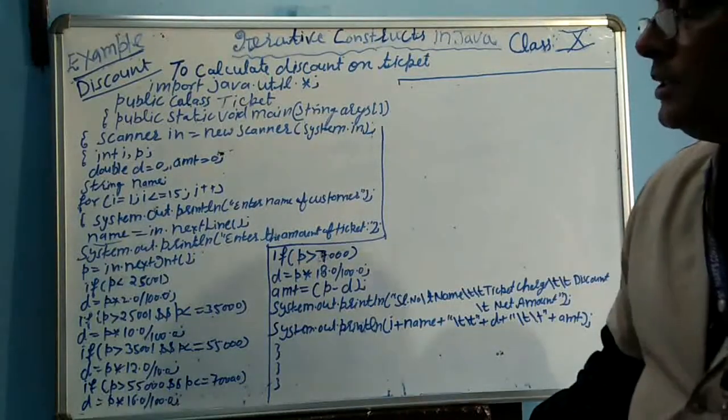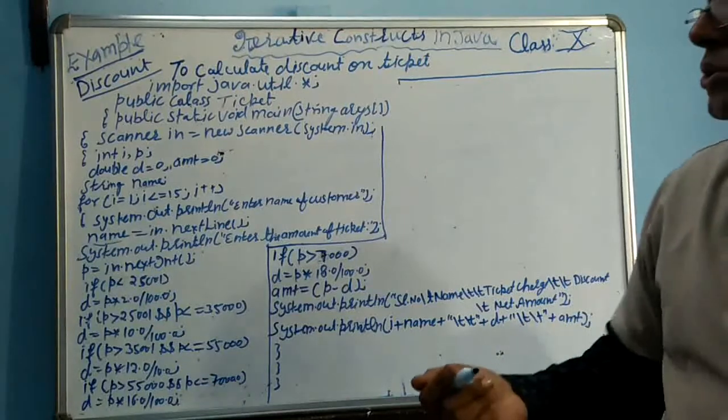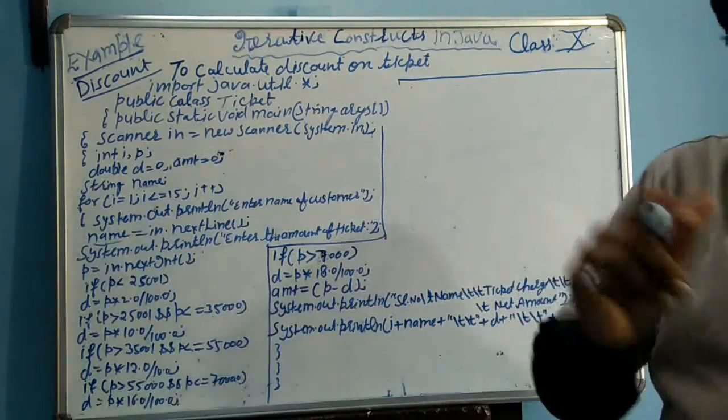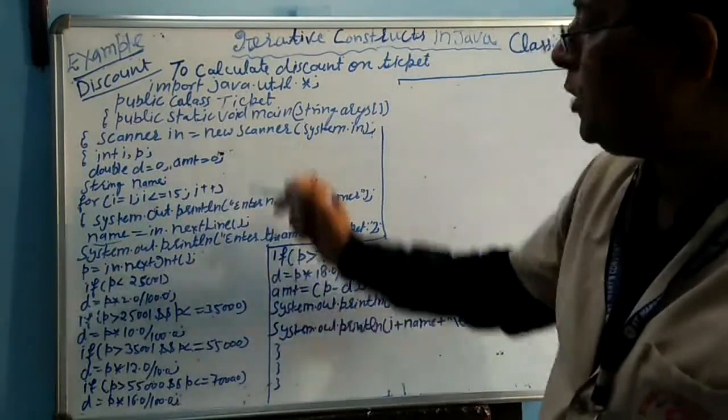Different types of slabs are given, and we have to give different discounts according to the question. Now you have to enter the name and the amount.